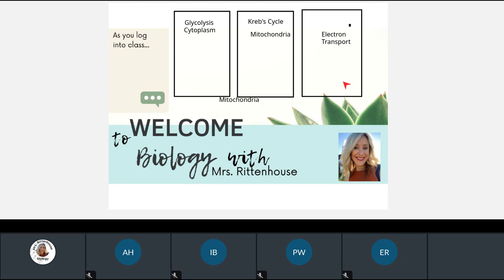mitochondria. Where does massive ATP production happen? Which portion of the cycle? Use your little arrow pointers and point. Does it happen during glycolysis, Krebs cycle, or the electron transport chain?